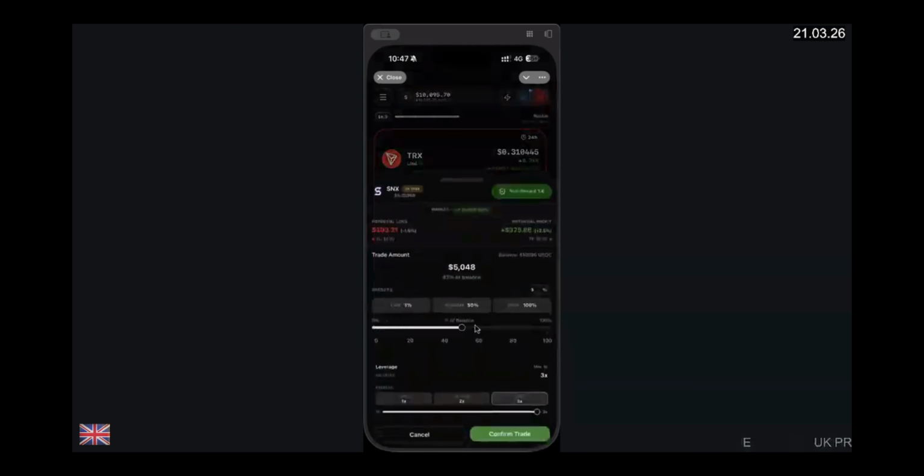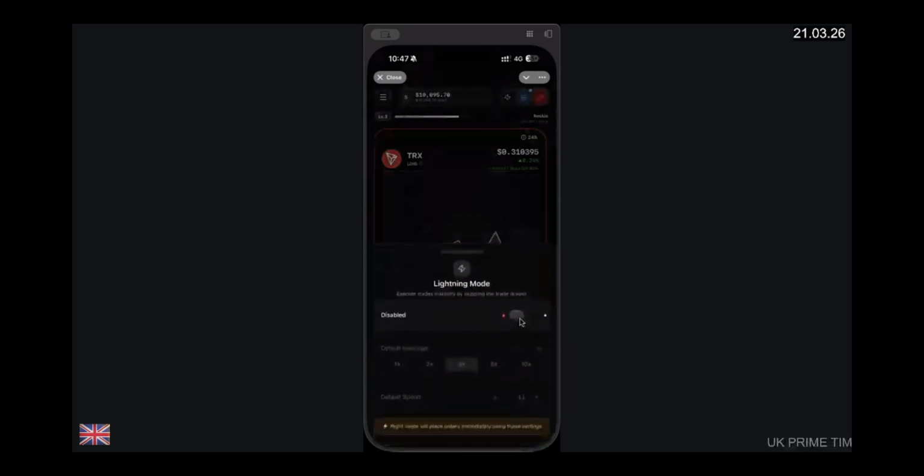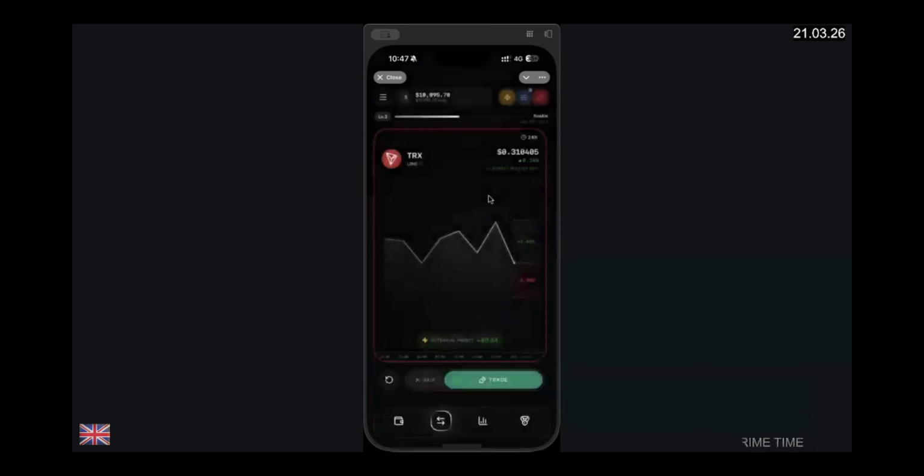Instead of this bar, you get a bar where you can enter the amount that you want to go with, instead of percentages. So that's also a very cool way to place manual trades.